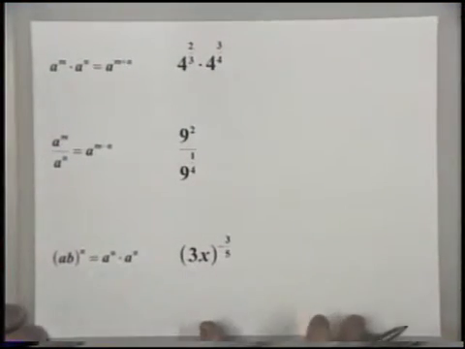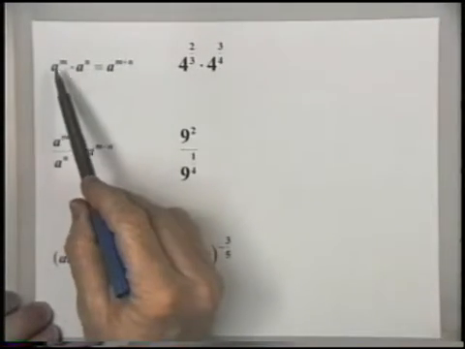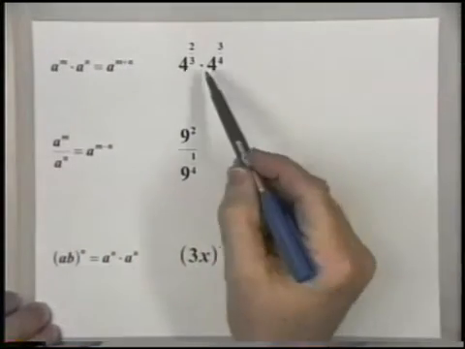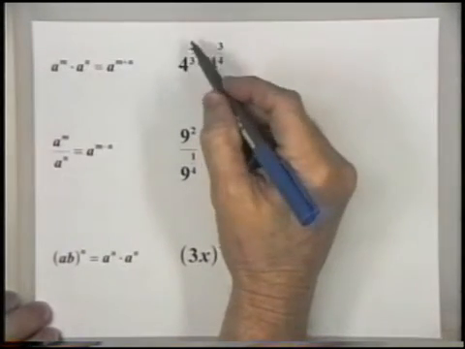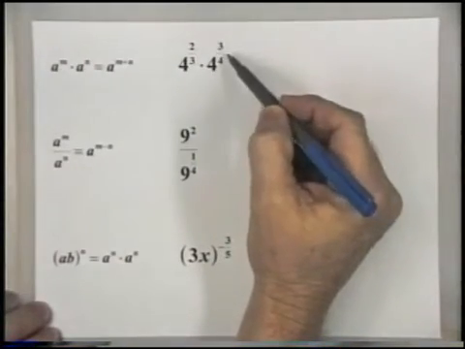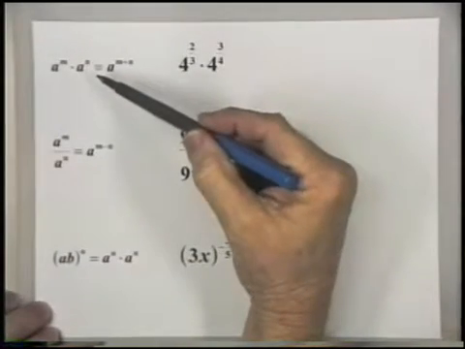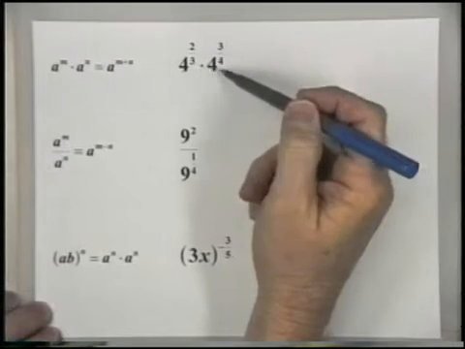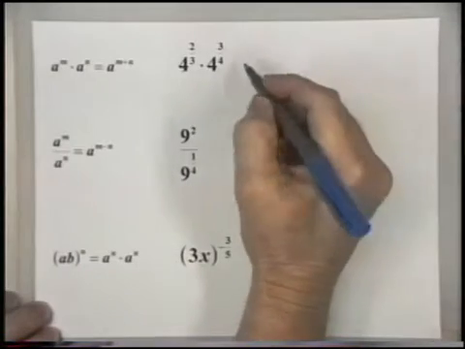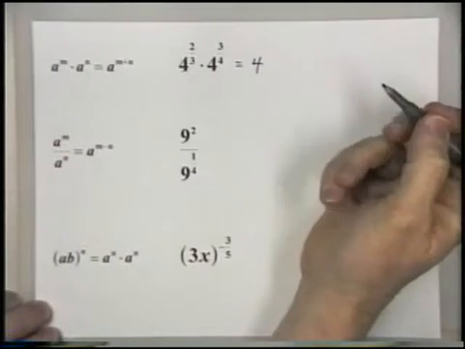So here we have a few examples. Remember the first law of exponents. When you have a product of powers of the same base, well, that's what we have here. If this eventually has meaning, and it will, 4 raised to the 2/3 power times 4 raised to the 3/4 power is a product of powers of 4. The first law of exponents says that we should be able to find that power by simply adding those exponents together.